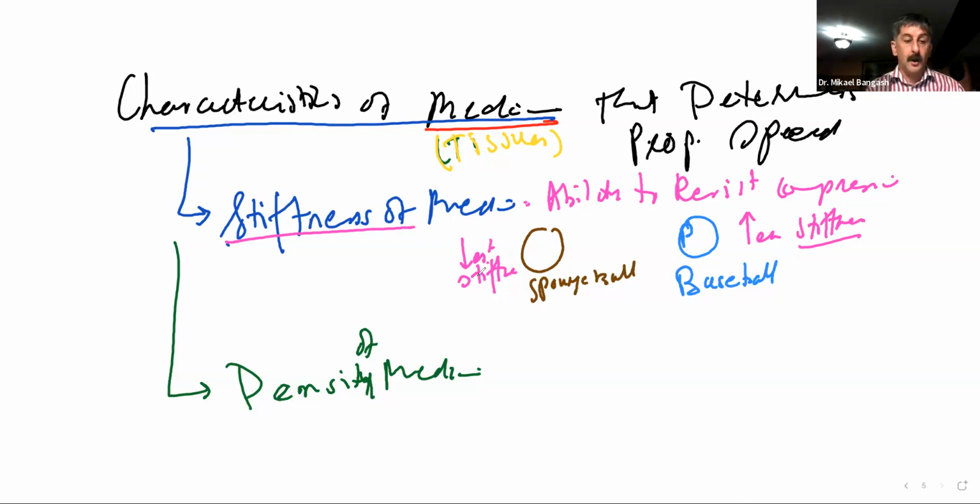So a tissue with maximum stiffness is, for instance, bone. Something with lesser stiffness, especially if it has a foam-like form, would be something like lung, or even something like liver.